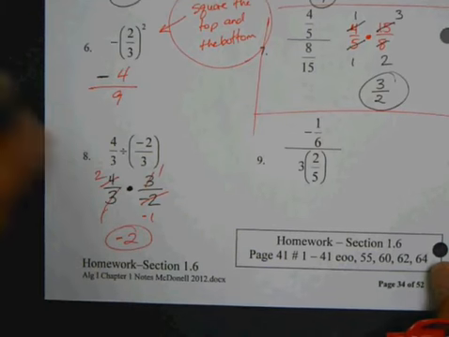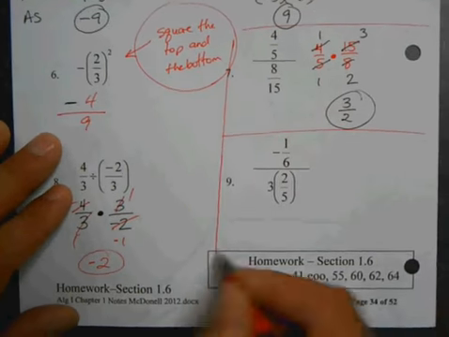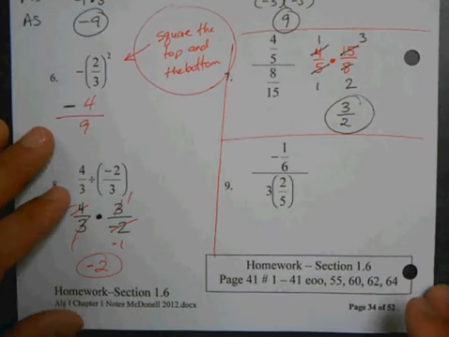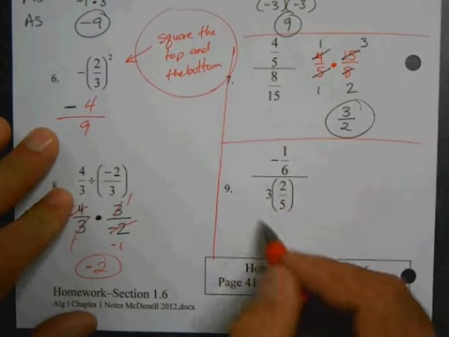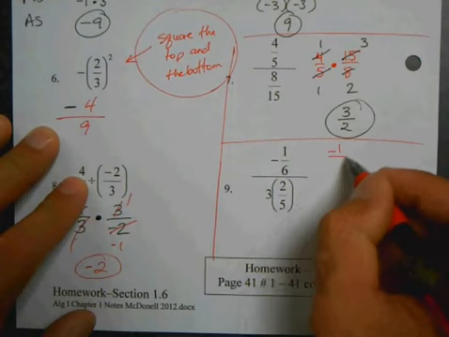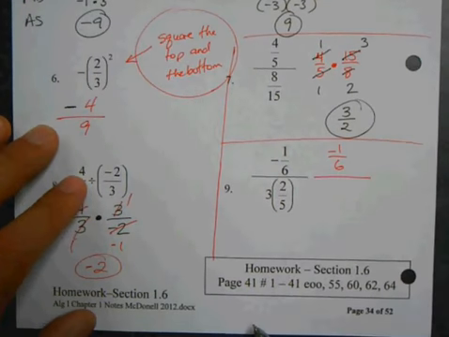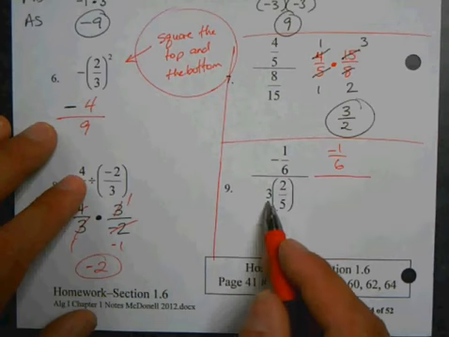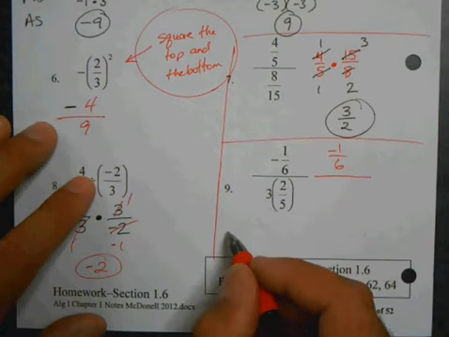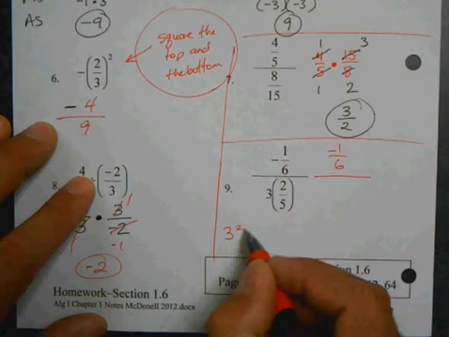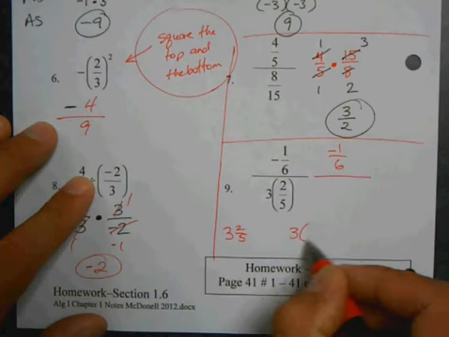All right. Number 9 is kind of a big one. It combines all the ideas we've done so far. Before we flip the bottom, we need to simplify the bottom. So I have -1/6 over. Do you remember what you do with the whole number in front? Dylan, what do we do? Okay. We have to understand the difference between this and this.